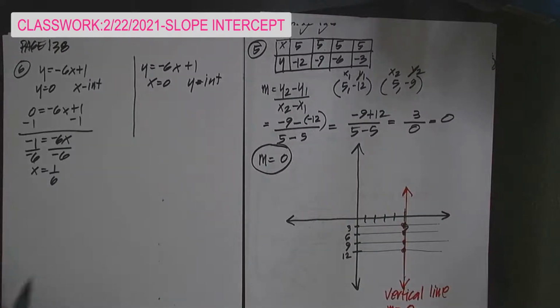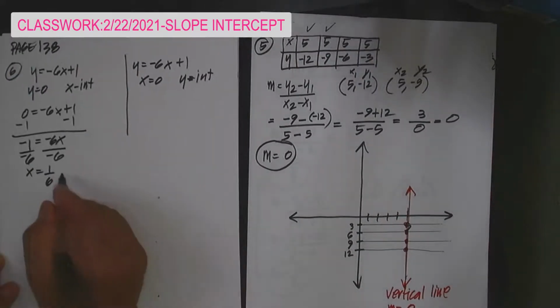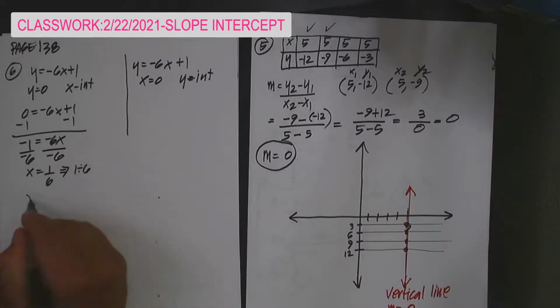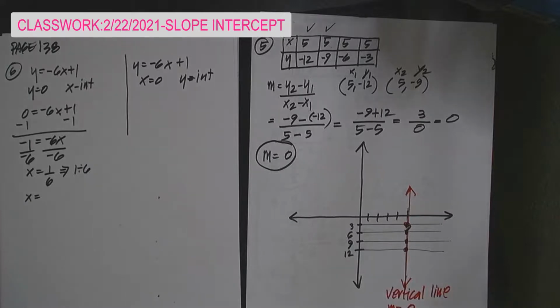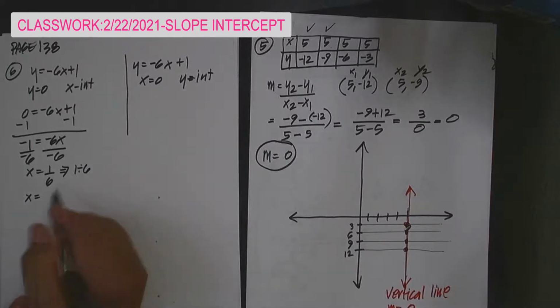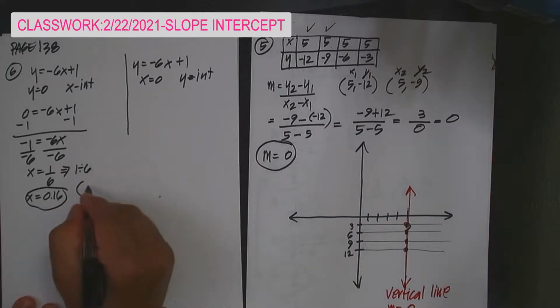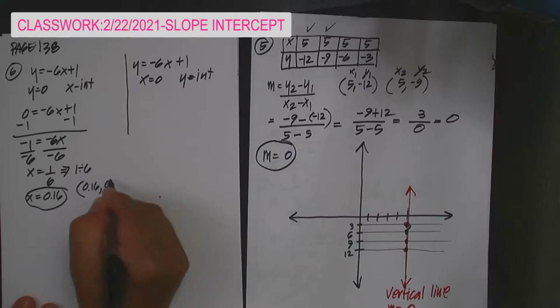Or you can change this 1/6 into a decimal. So 1 divided by 6 will be 0.16. So therefore, your coordinate here is 0.16 and 0.